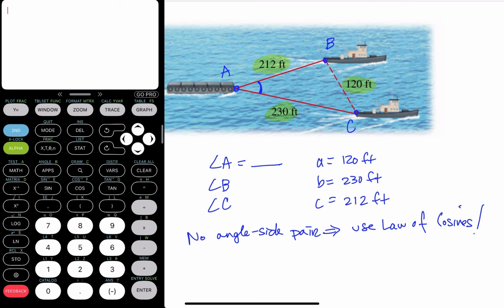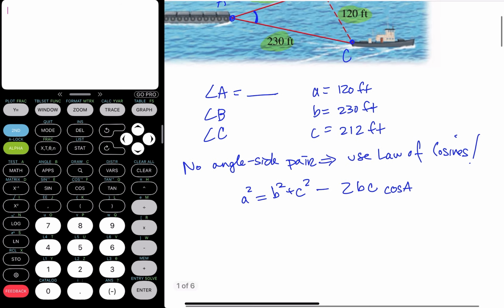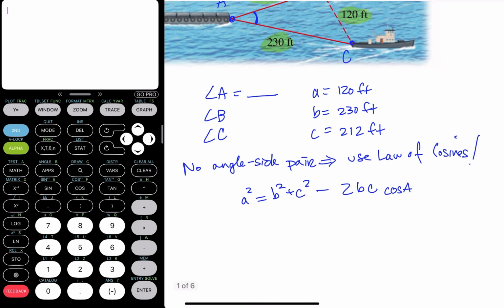So since I want angle A, the version of the law of cosines I'm going to use is going to have the cosine of A over here, and on the other side it's going to have A squared. So that's going to be A squared is B squared plus C squared, our typical Pythagorean theorem, and then we're going to have a little correction factor, minus 2BC cosine A. You will be given these formulas on the test.